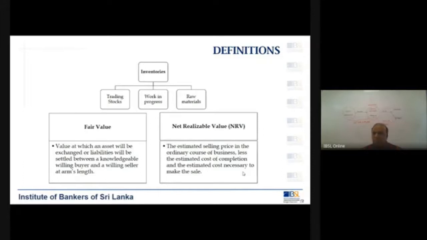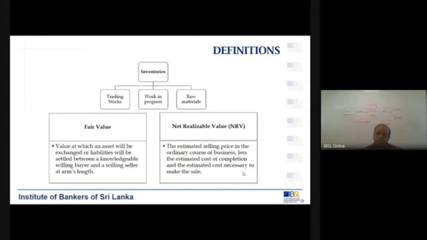Okay. So that is why they say estimated selling price. And from that, you have to deduct the estimated cost of completion and the estimated cost necessary to make the sale. Now, sometimes what happens, you have produced so much of goods, but nothing is moving.